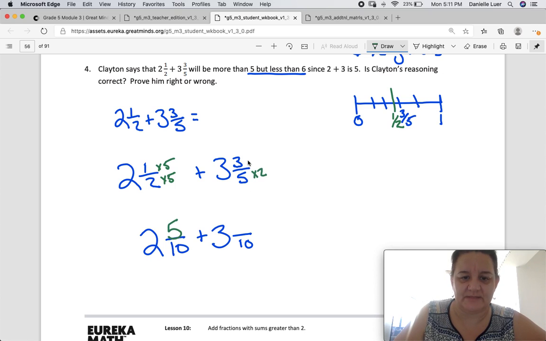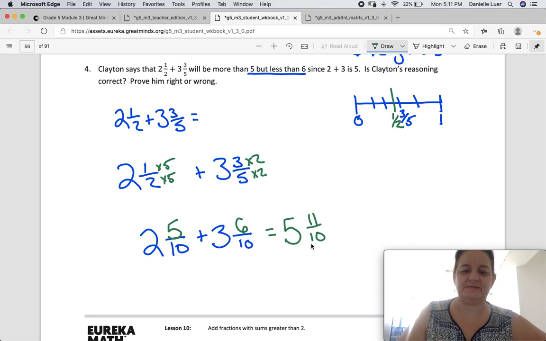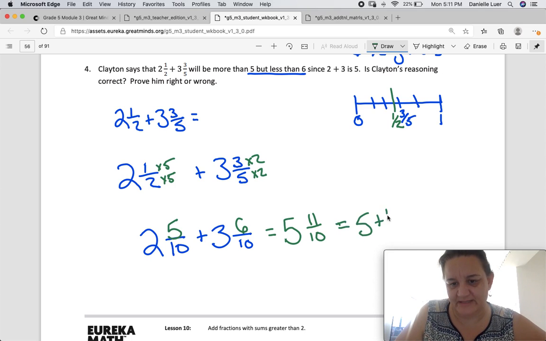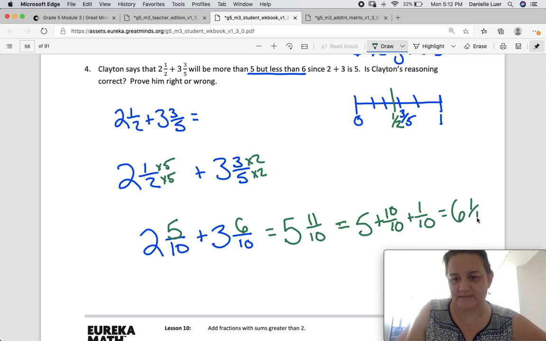And here I'm going to multiply by 2, so that's 10, and then 3 times 2 is 6. Now my answer is 2 plus 3 is 5, and 5 and 6 is 11/10. Well, there's my improper fraction again, equals 5 plus 10 over 10 plus 1 over 10 equals, I'm just going to erase that and make that 6 and 1/10.